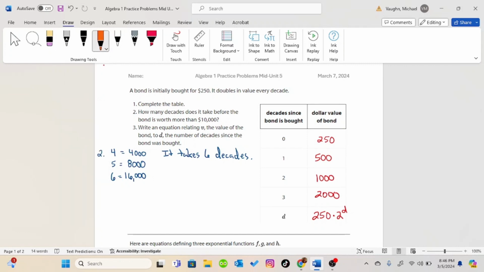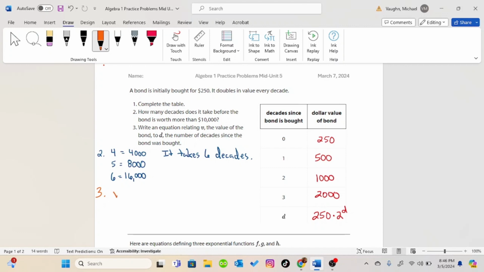And number 3, write an equation relating V, the value of the bond, to D, the number of decades since the bond was bought. So what we can do is write this in function notation.